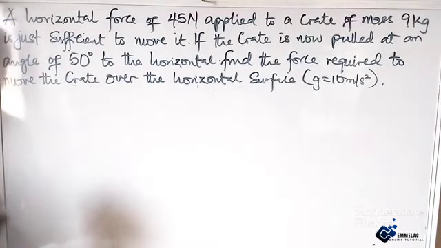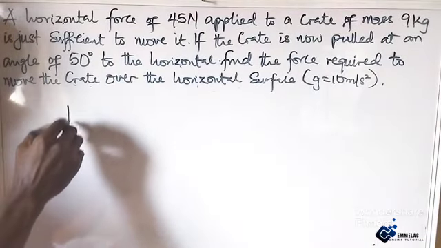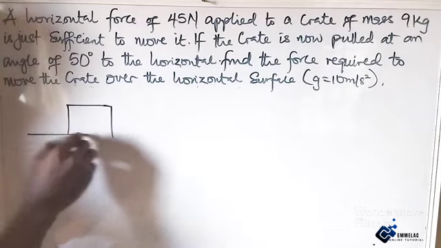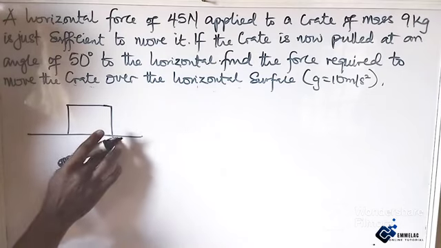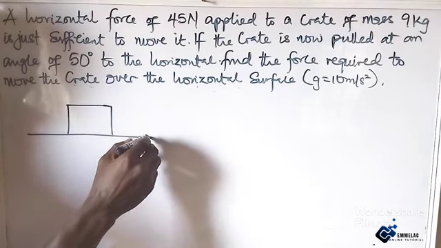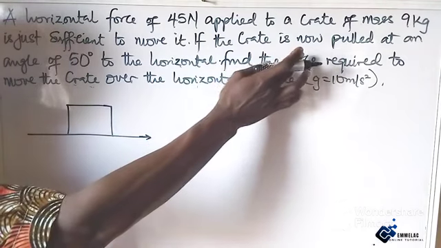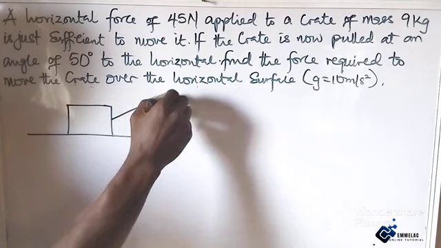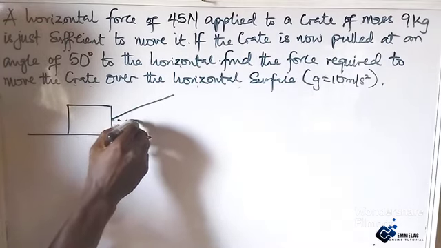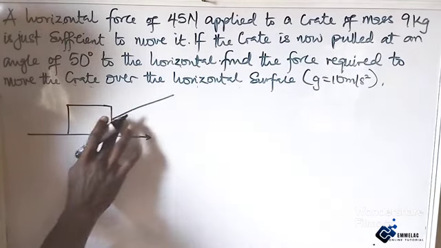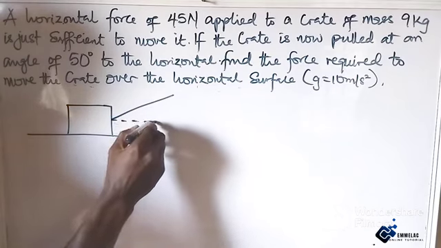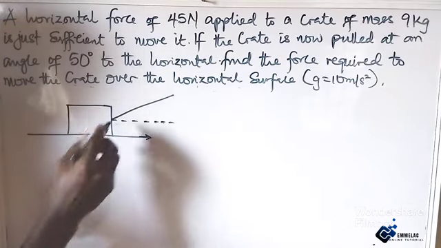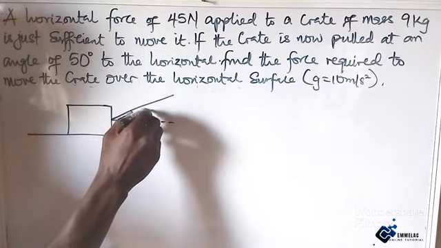All right, so having that diagram drawn again, you can still move back the video in case you really don't understand. Okay, so if the crate is now pulled at an angle, the force initially was like this, and it's dotted because it is now imaginary. So here we have that 50.